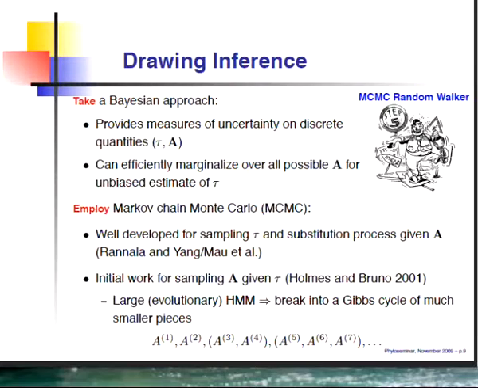So in a sense, you just want the marginal distribution over the alignments given the data and some information. You can easily integrate that in with very little change to the algorithm that you have in terms of drawing your inference.